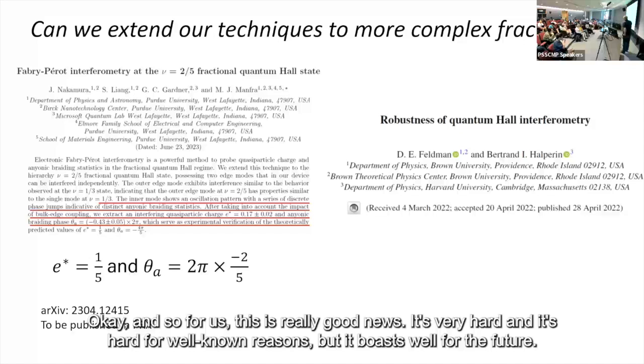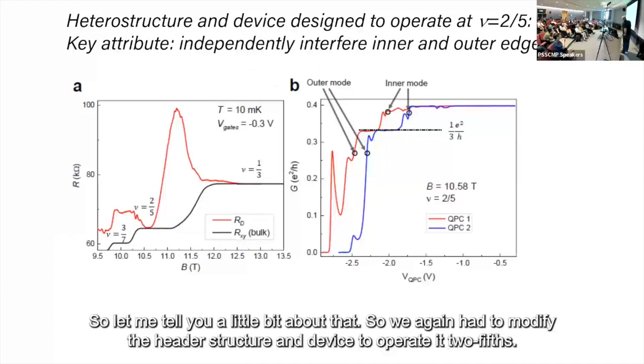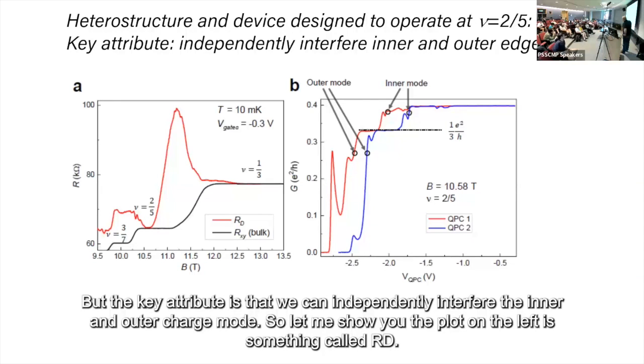Okay, and so for us this is really good news. It's very hard, and it's hard for well-known reasons, but it bodes well for the future. So let me tell you a little bit about that. We again had to modify the heterostructure and device to operate at 2/5, but the key attribute is that we can independently interfere the inner and outer charge modes.